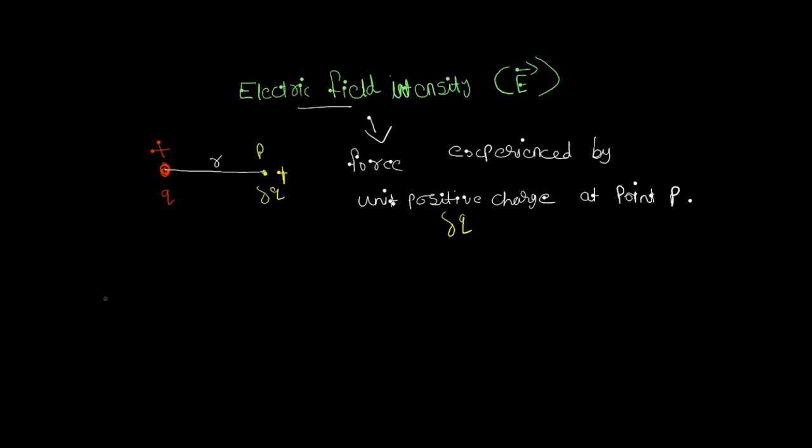Next, what is the equation of electric field intensity? The electric field intensity E is the force experienced by a unit positive charge. So electric field intensity is force divided by unit charge Q. This equation of electric field intensity is very important.